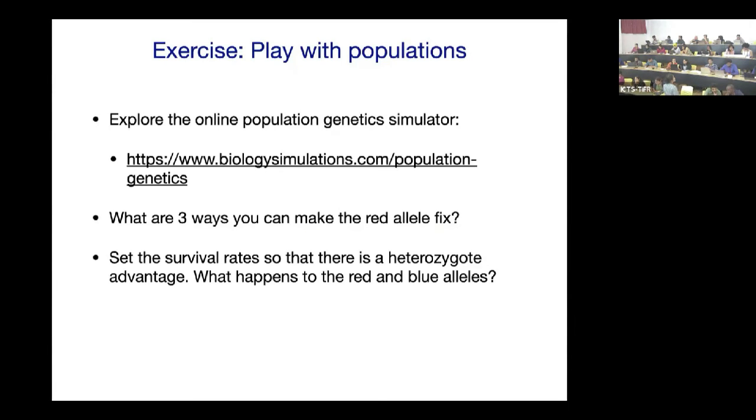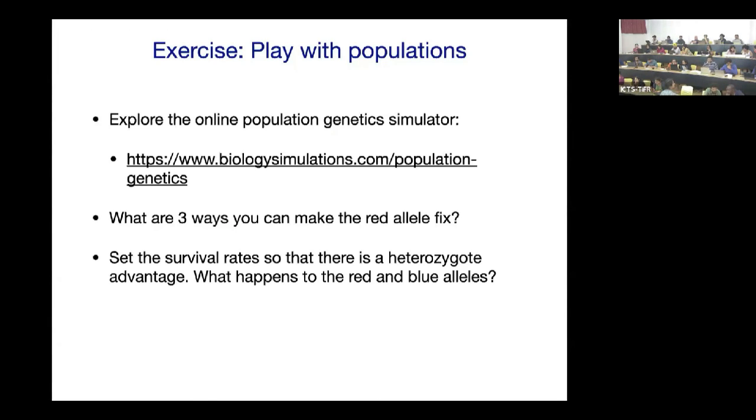Is that what everybody else thinks? Will they necessarily have similar frequencies? Yes? Always?